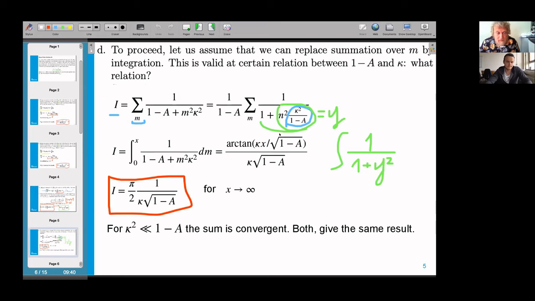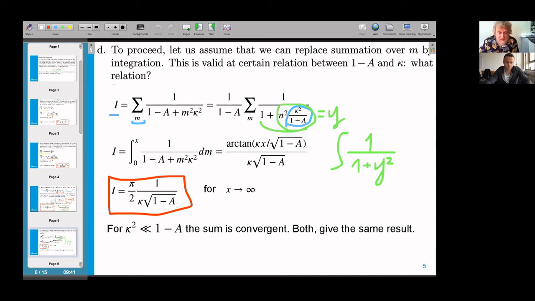If these terms are close to each other, then the function to sum up is a smooth function of m, and integration and summation just match.